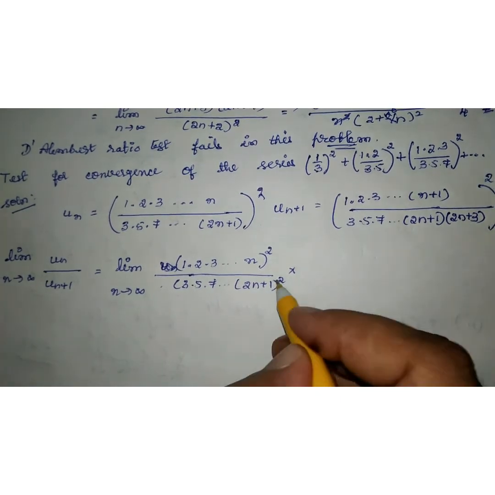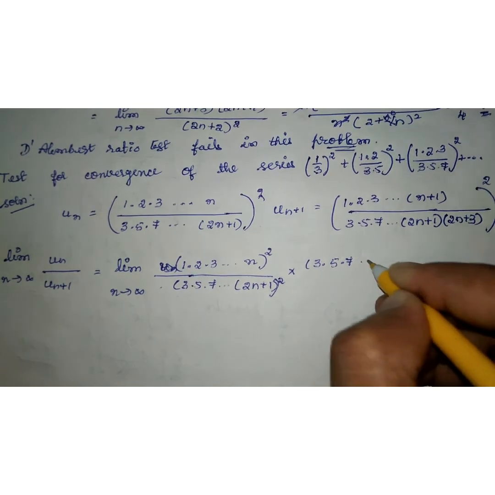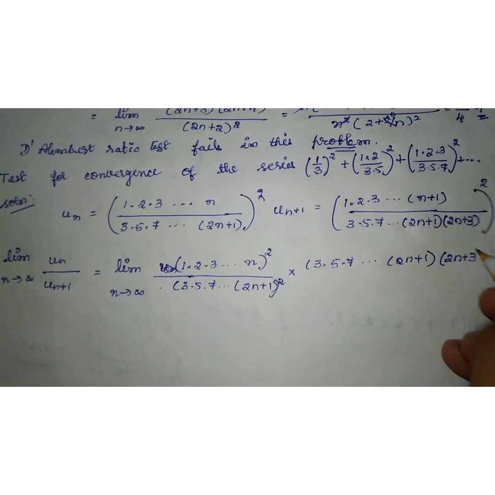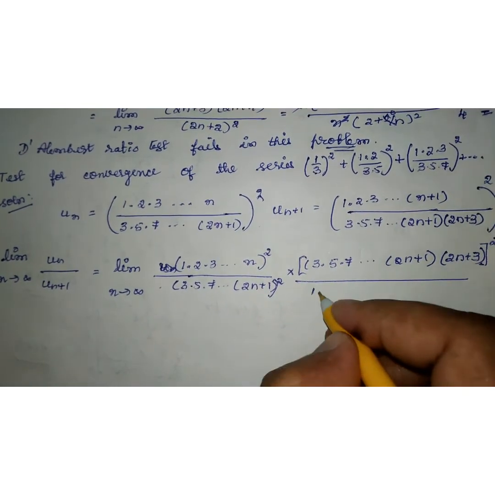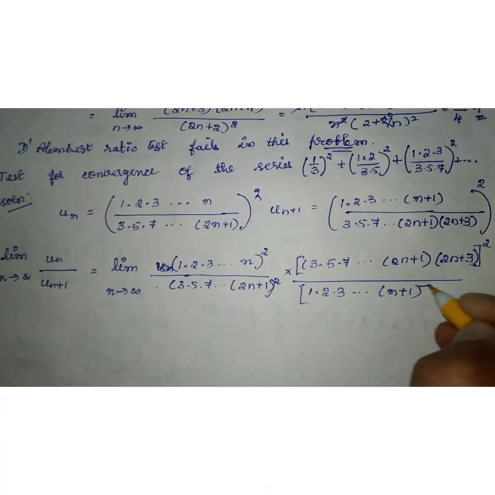I'll be taking the reciprocal here of un plus 1. So it is 3, 5, 7 etc. 2n plus 1, 2n plus 3 whole square divided by 1 into 2 into 3 etc. n plus 1 whole square.